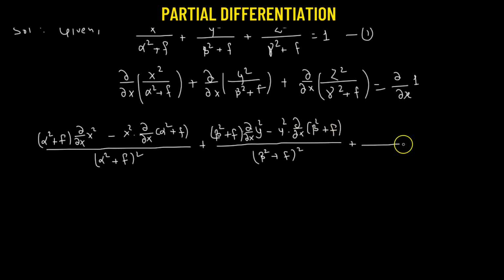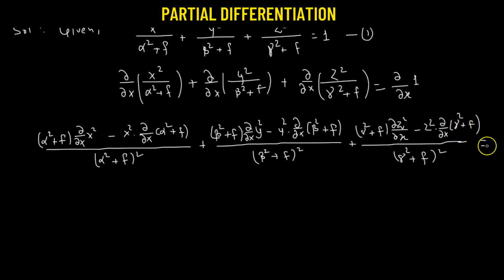Plus the partial derivative of the third term, which will be gamma squared plus f, whole squared in the denominator. So this will be gamma squared plus f multiplied by partial of z squared with respect to x, minus z squared times partial with respect to x of gamma squared plus the function f, which will be equal to 0 because the partial derivative of the constant 1 with respect to x is 0.